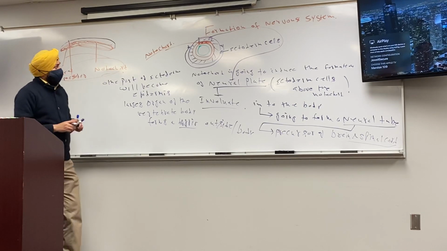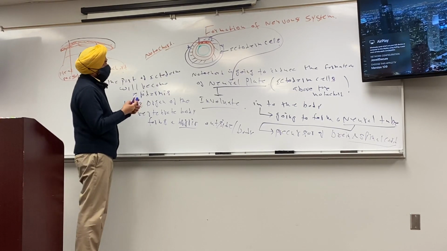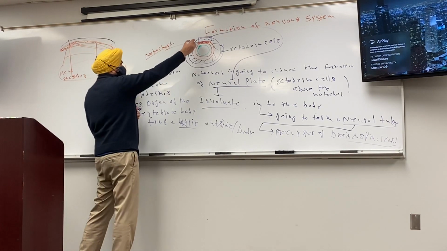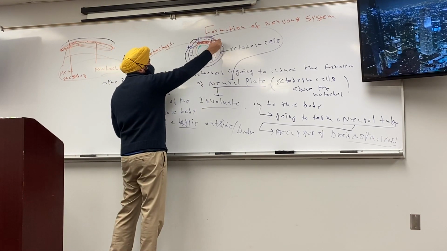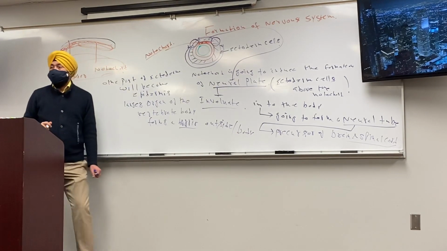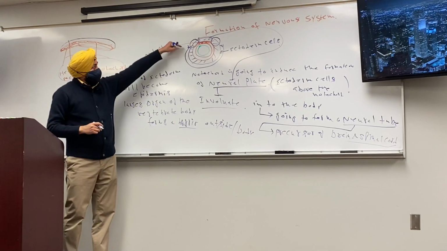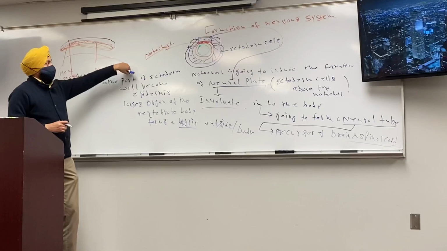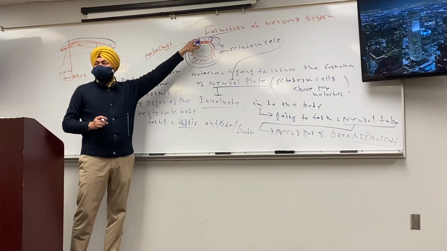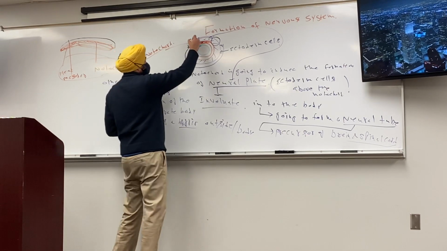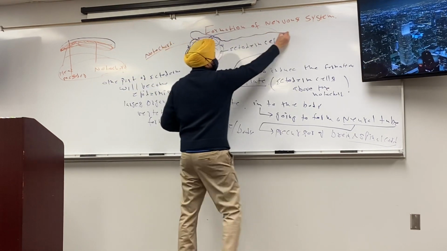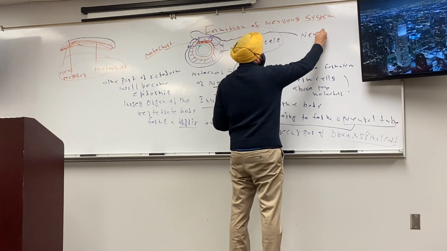And then we are saying the part of this epidermis or ectoderm layer which is right here on both sides. Between the part of the ectoderm that is going to give epidermis and this part is going to give the neural plate. This part which is here. This part is going to become neural crest.